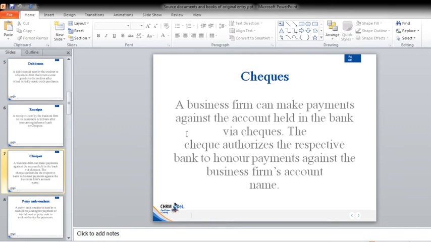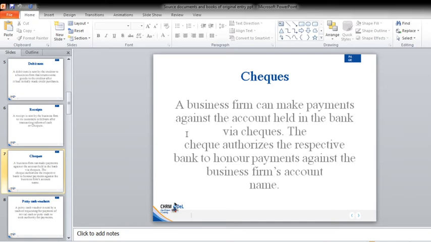Another document that is used is known as the check. A check is used when a business is paying its transactions via money in the bank, and the business needs to write a check that will be presented to the seller in respect to the amount that particular person is supposed to pay.